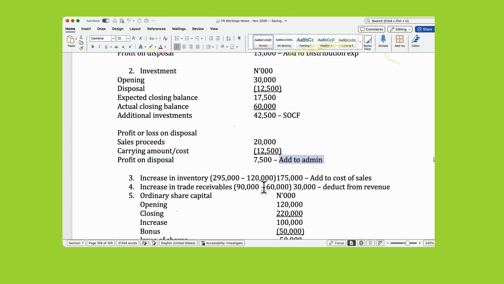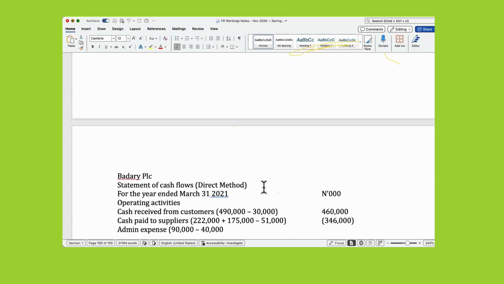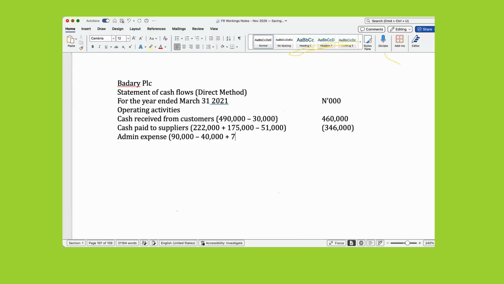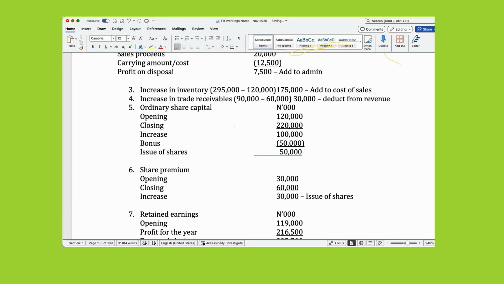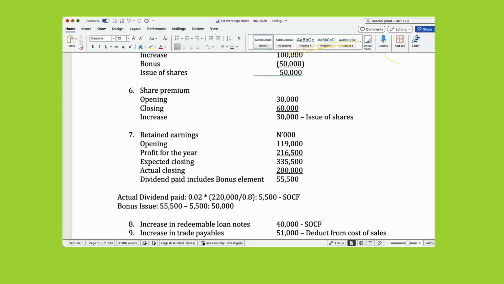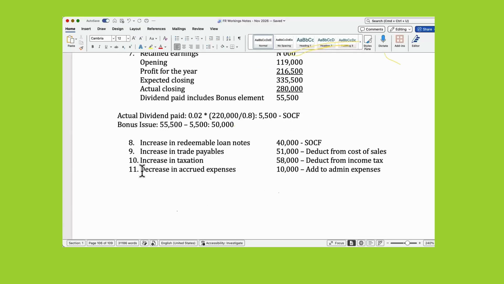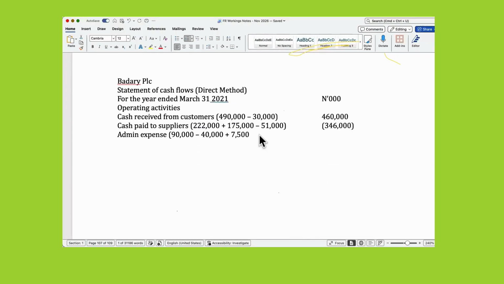We say we're going to add to admin, which is 75. Then this decrease in accrued expense, which is 10,000, we're going to add to admin. So total, how much? 67,500.